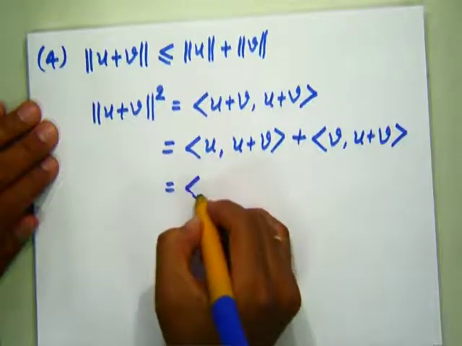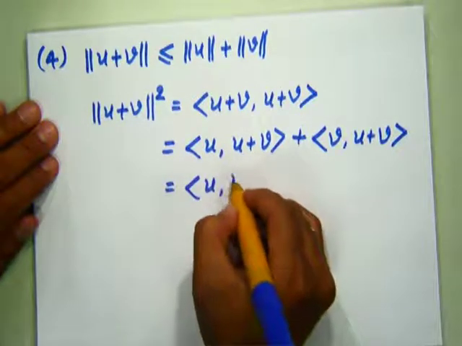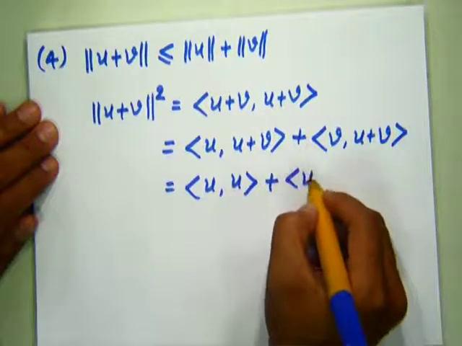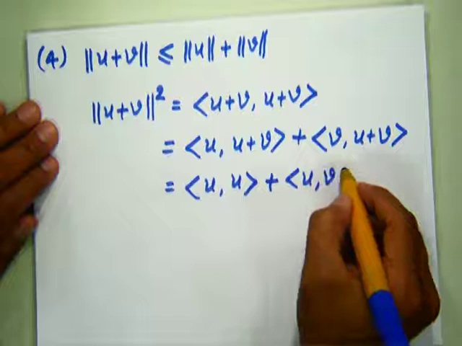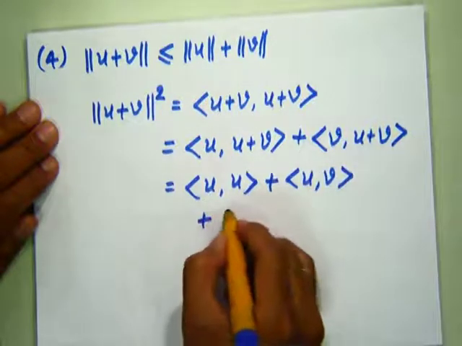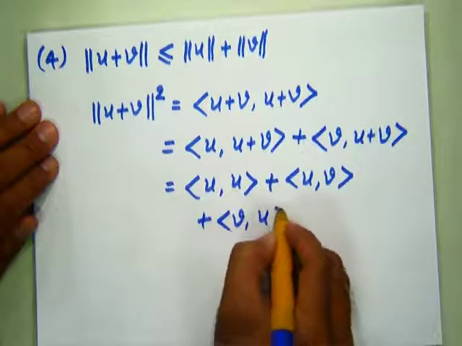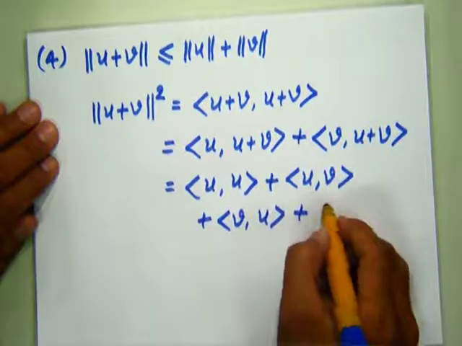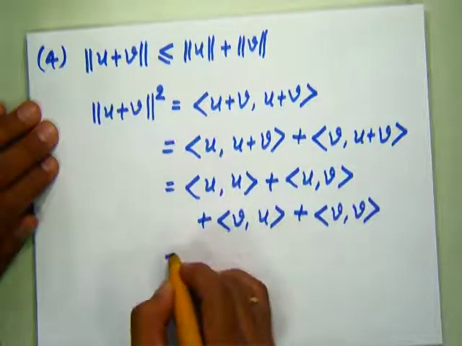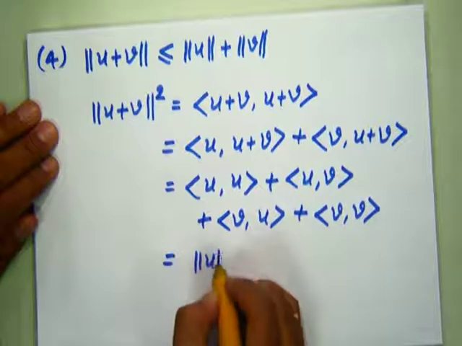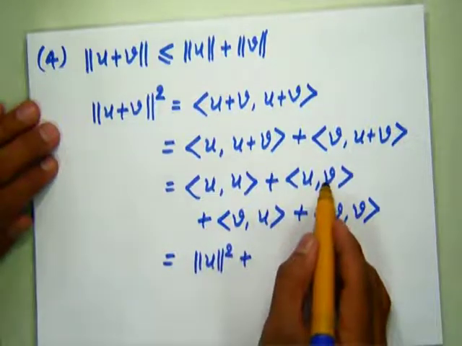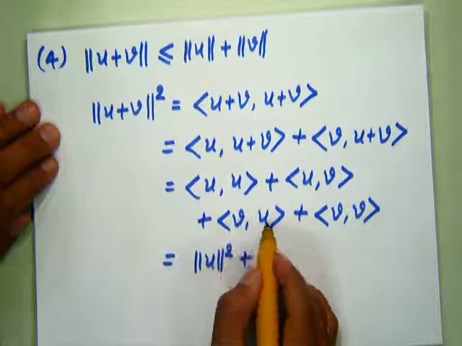So it becomes inner product of, again using the property of inner product, u plus v with u plus v, which is inner product of u with v plus inner product of v with u plus inner product of v with v, and this becomes norm of u square plus, as we know, inner product of uv is same as inner product of vu.